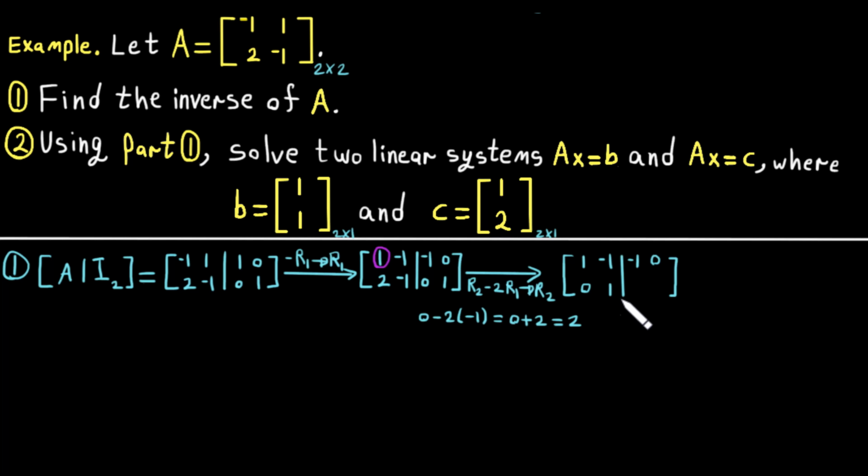So here I have to write 2. 1 minus 2 multiplied by 0 will be 1. So here we have a leading one, and here a leading one. So this one we have to make 0. So we say -1 plus 1 will give you 0. So we have to add this row with this row.